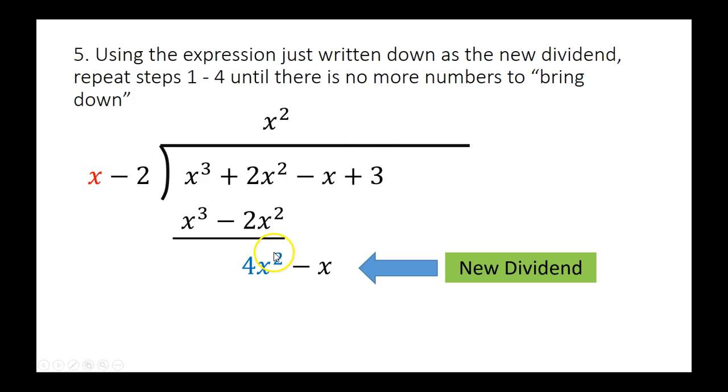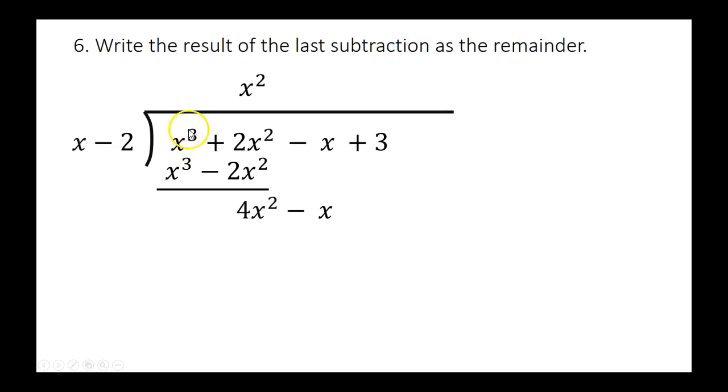If you go back up to step 1, we will divide this by x and place it up here. We just follow the same steps over and over again. If you do steps 1 to 4, you'll need to do it 3 times to get nothing left.